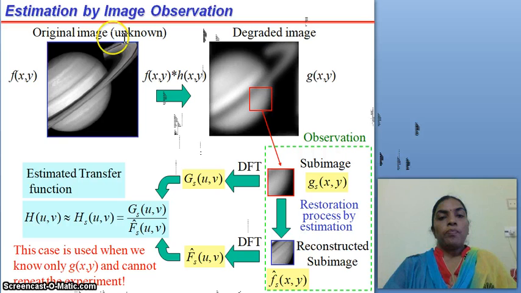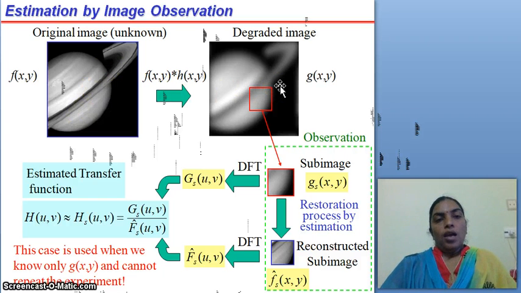The original image is this one, f of x comma y. But when I capture the image, I get this type of image. See this. When I capture the image, I get the output image like this. But if I observe this one, this is not a good image.